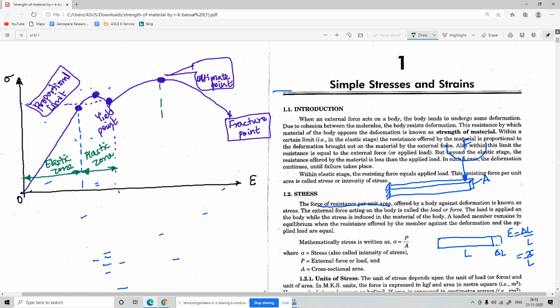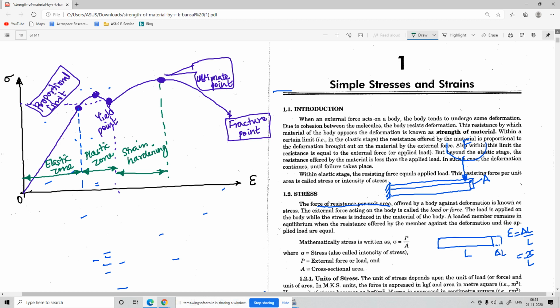Now from the yield point till the ultimate point defines strain hardening. That means after the plastic zone. In the plastic zone, once you remove the load, it will come back, but it won't come back to the original state.